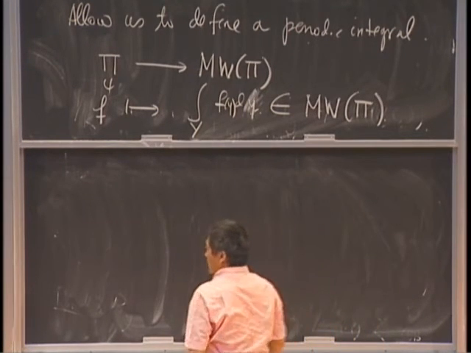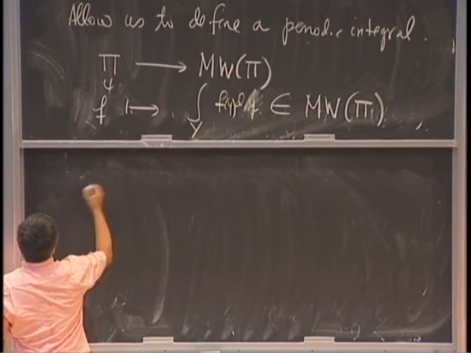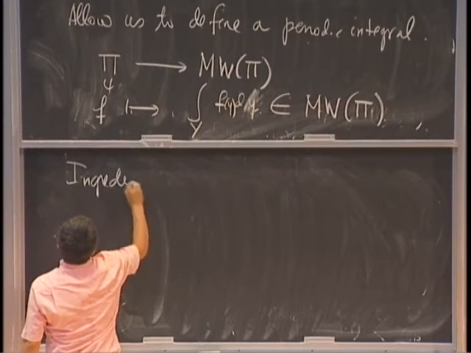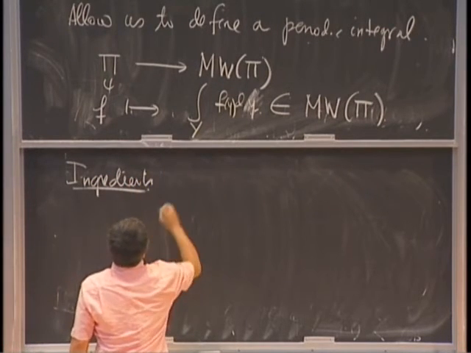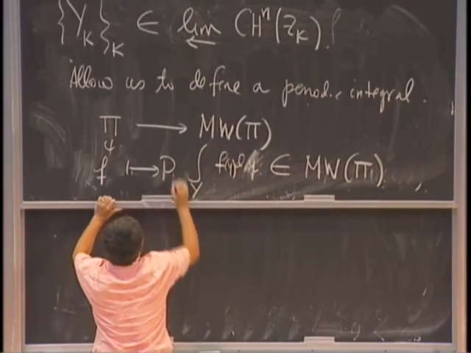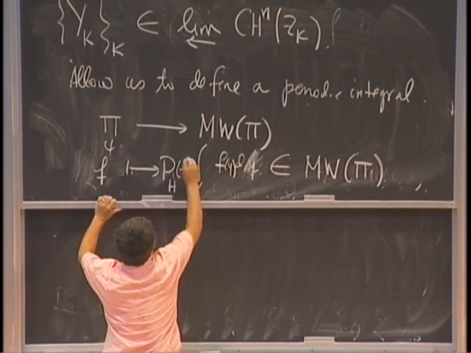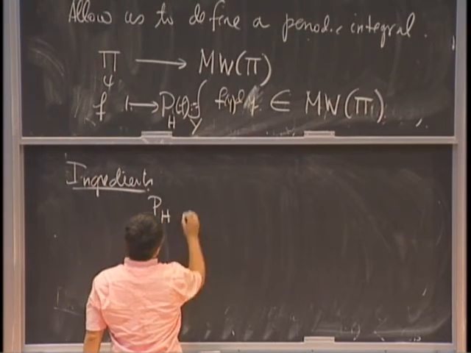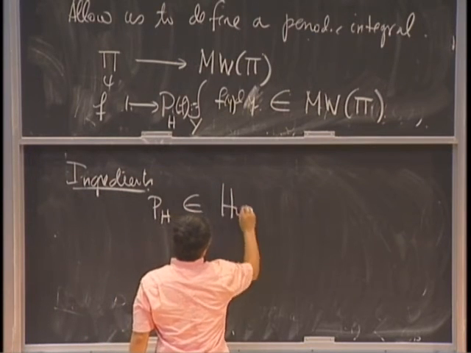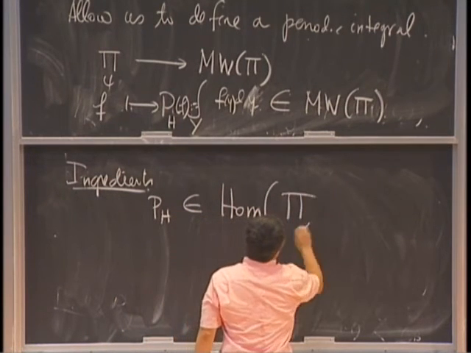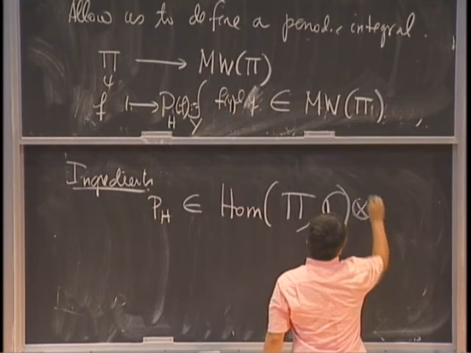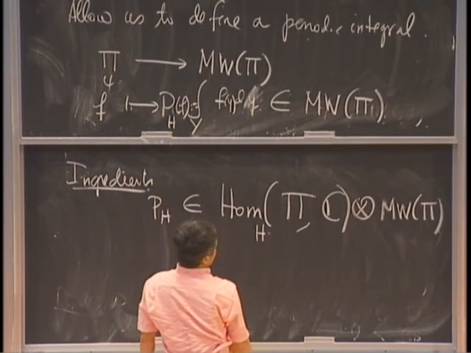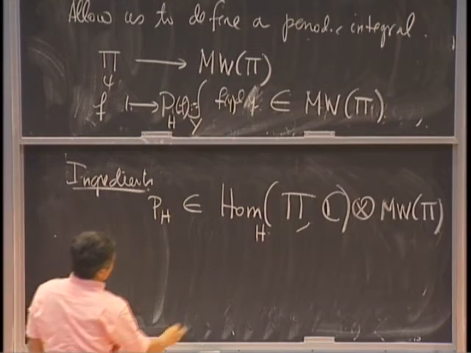Okay, so exactly like what we did yesterday, we have two observations or two ingredients. The first thing is periods. Let's write on this one. The P, write H here of F. Is the P, H is in fact in the homomorphism of this big pi to C, then tensor Mordell-Weil group of pi is H there. H of Q hat.